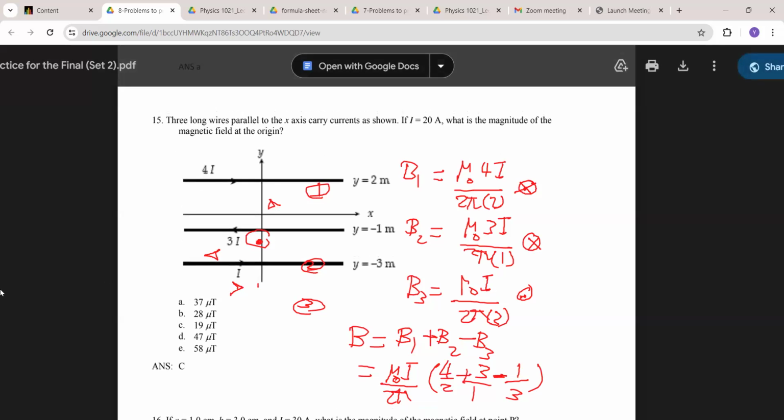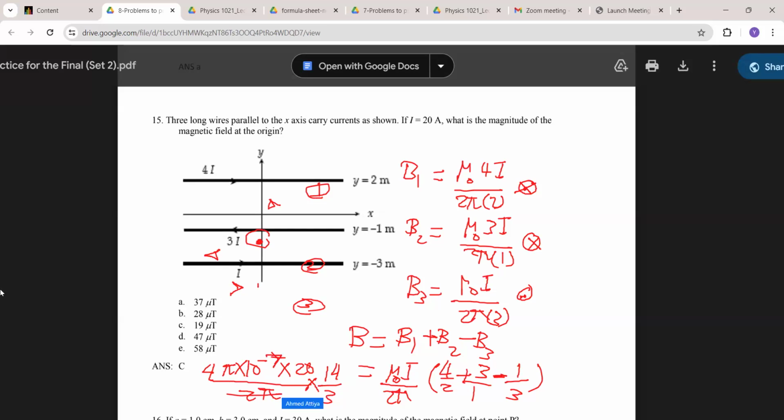Okay, we can calculate it. So this is 4 pi times 10 to the power minus 7. The value of I is 20 over 2 pi. And here, as I said, we have 5 minus 1/3. So 5 times 3 is 15, so this is 14 over 3.